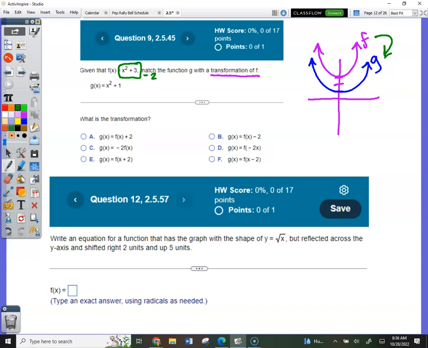Well, that wouldn't work. That would make f go higher, right? This is saying, take function f, reflect it over the x-axis, and vertically stretch it. That is not at all where g is. This is saying, take function f and go what direction with it? Left 2. That's not what g is doing.